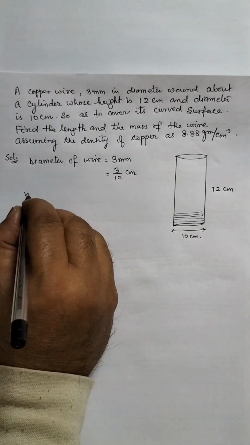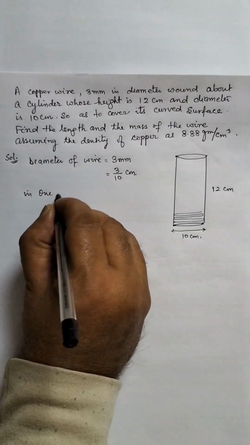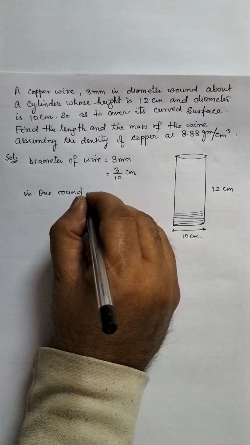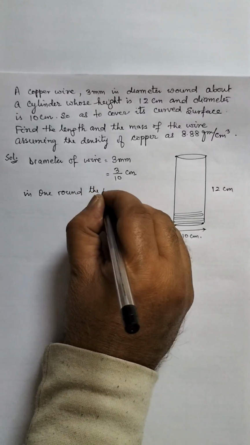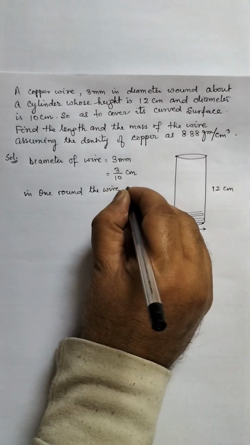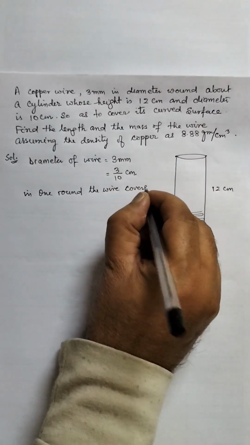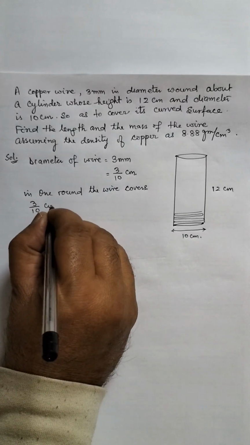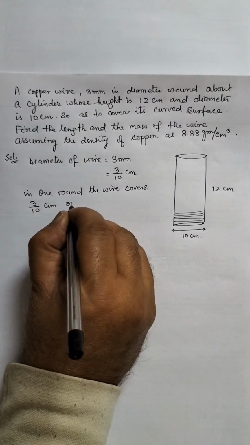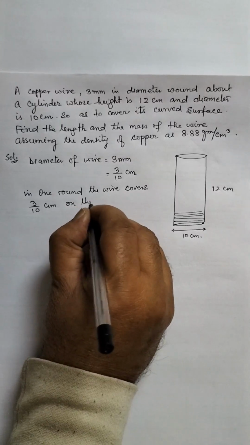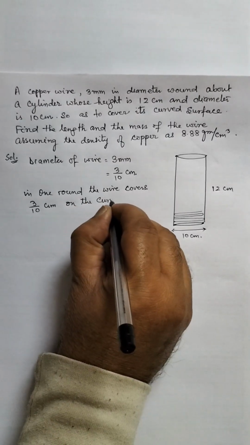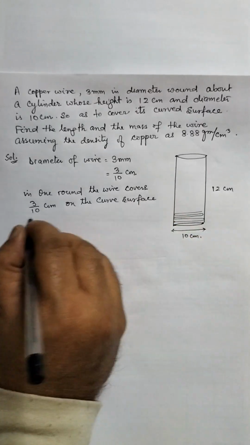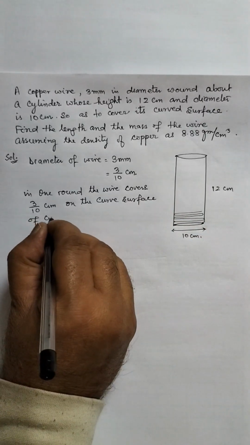So in one round, the wire covers 3/10 centimeter on the curved surface of cylinder.